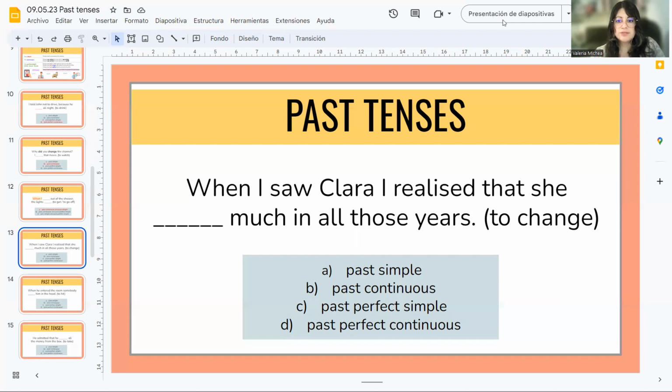Of course, you have to take a moment to think about it. This can be a little tricky because of the connector when. So think about it clearly.